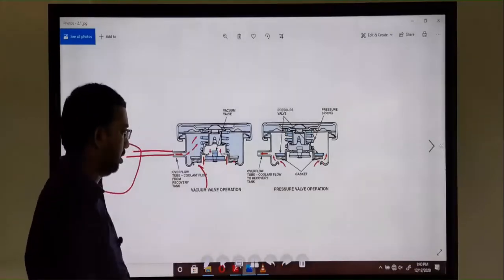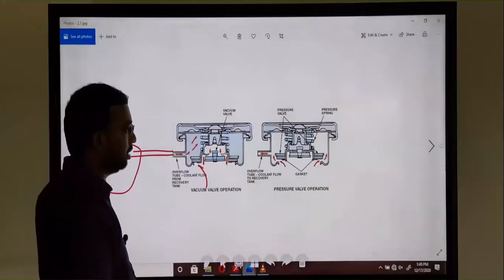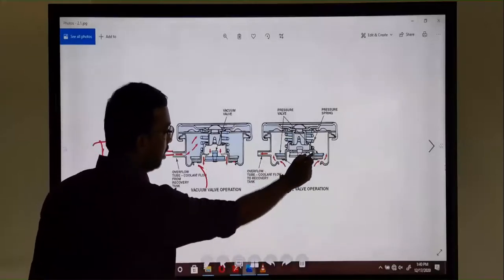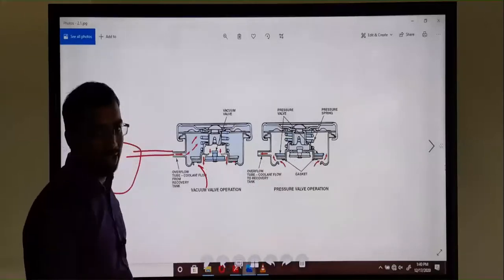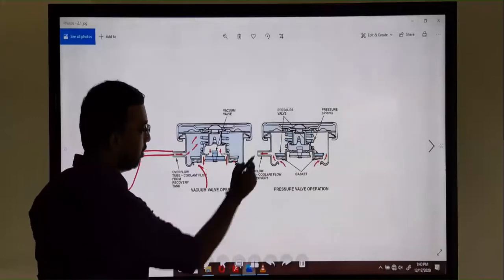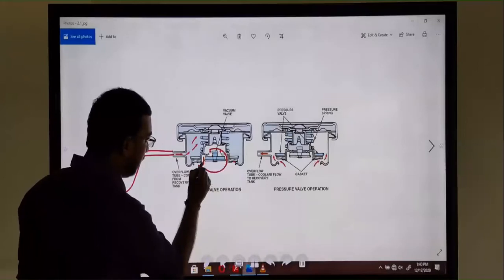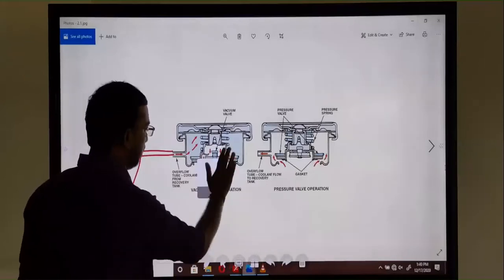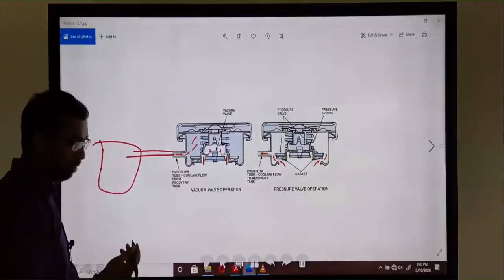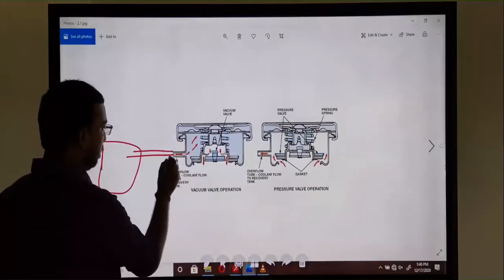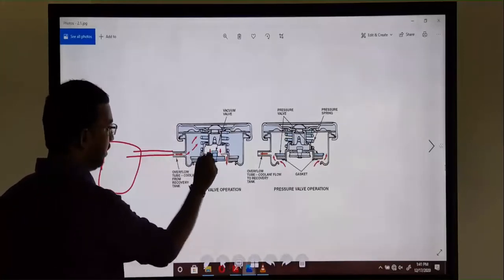This is called the pressure valve. This part only is called the vacuum valve. When the vacuum increases in this pipe, this part moves downwards. What will happen?